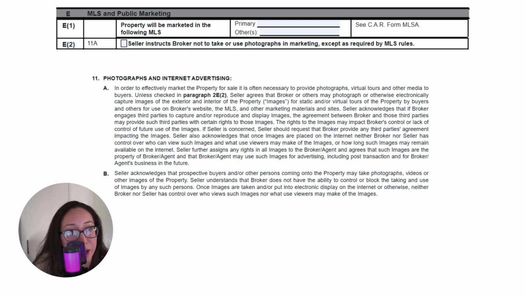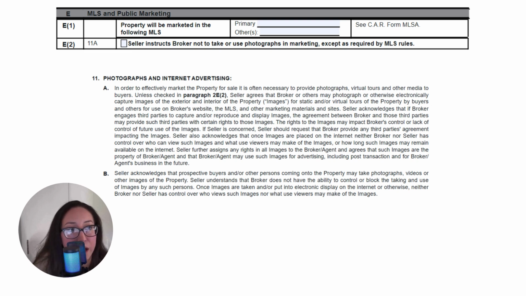So unless you check the box, the seller is agreeing that the broker and others may photograph or otherwise electronically capture images of the exterior and interior of the property for static and or virtual tours of the property by buyers and others for the use on broker's website, the MLS, and other marketing materials and sites. It goes on even further of that information.